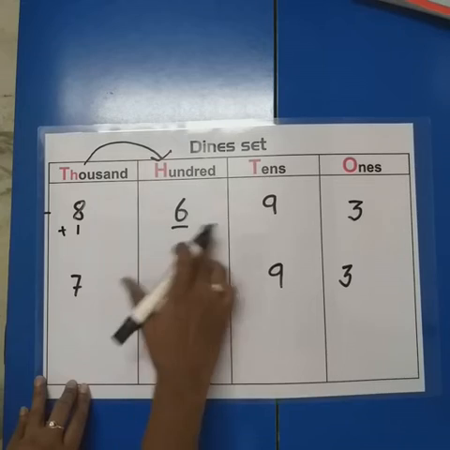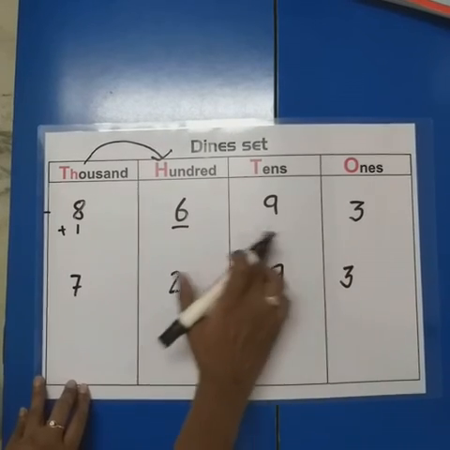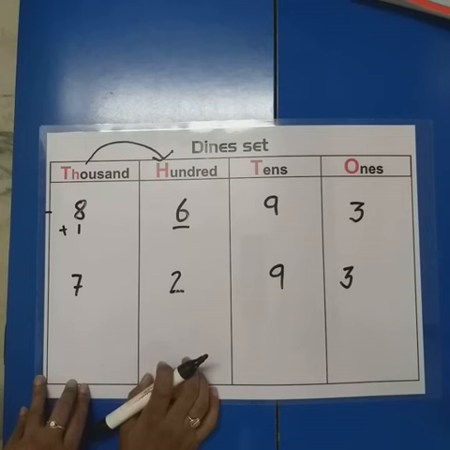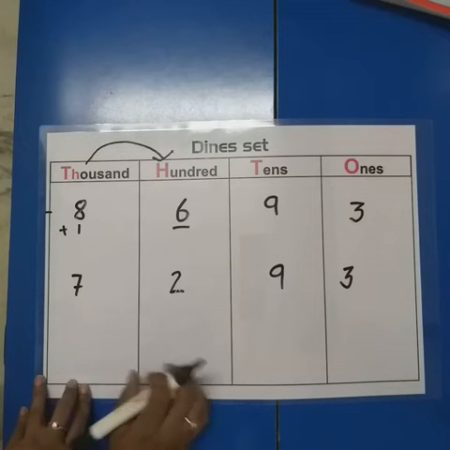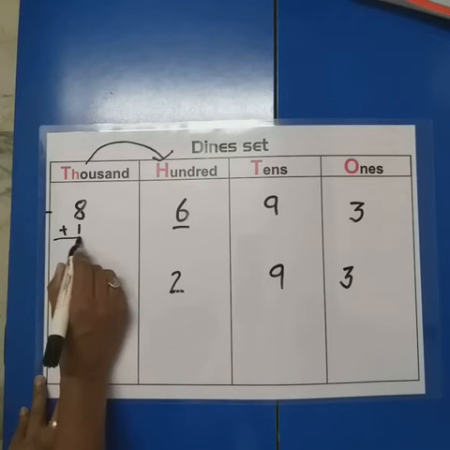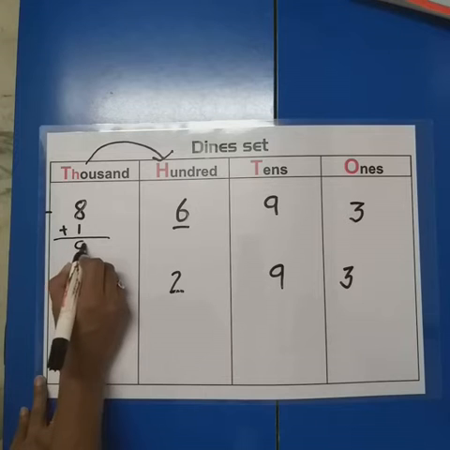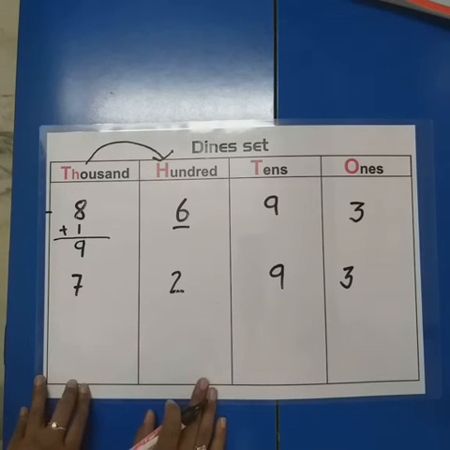And what about these numbers, ones, tens and hundreds? We will put 0, 0, 0. Okay, students. If we add 1 to 8, what number will we get? 9.